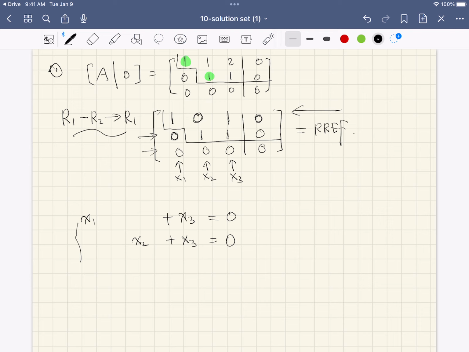Now the third column does not have a pivot, so that means x3 is a free variable, so we need to move it to the other side and solve for x1 and x2. Solving for x1, we get negative x3; for x2, negative x3; and x3 is the same as x3.